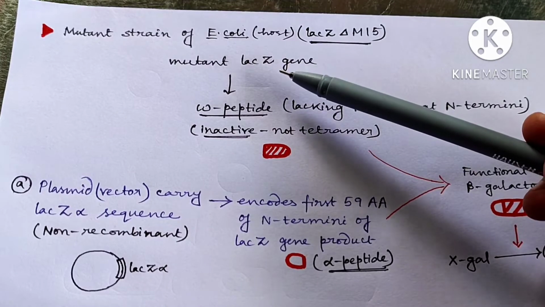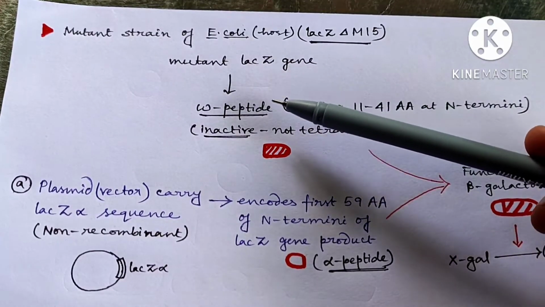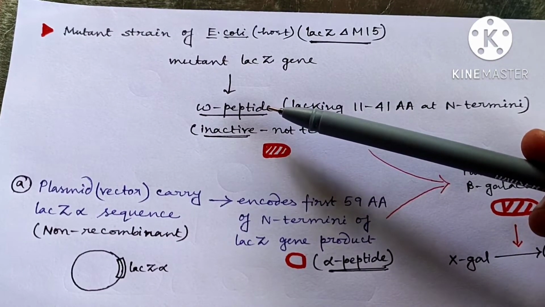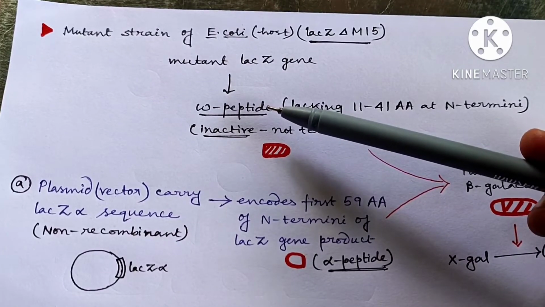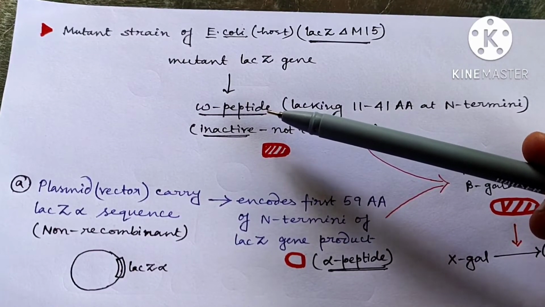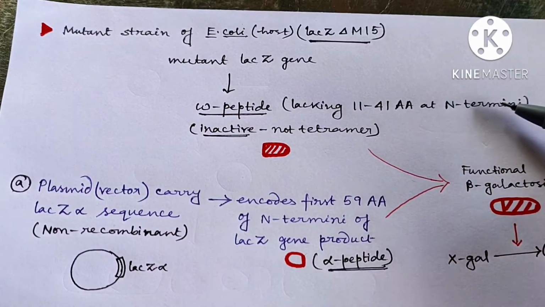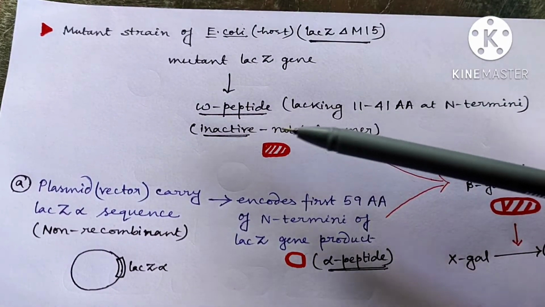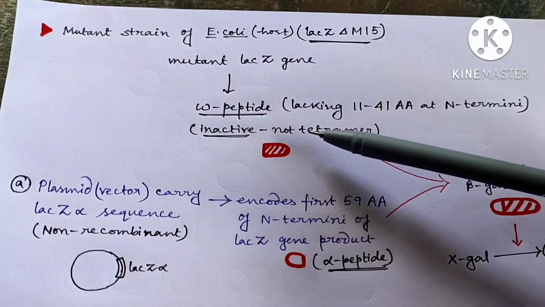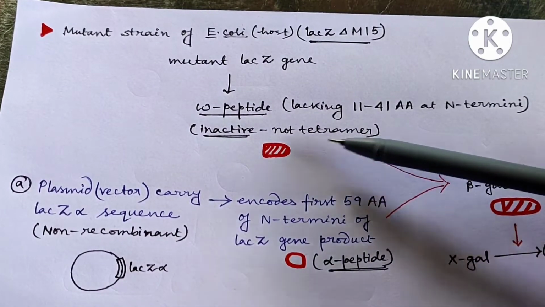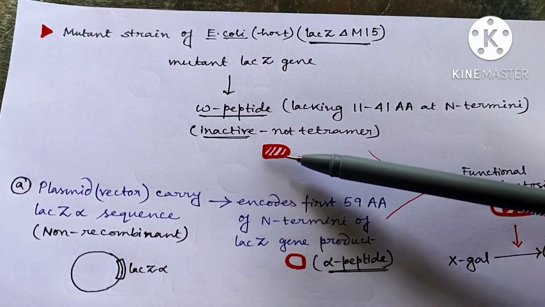This mutant LacZ gene will produce the omega peptide, not your beta-galactosidase enzyme. It will produce the omega peptide which lacks amino acids 11 to 41 at its N-terminal end. As a result, it is inactive and does not form the tetramer. It is a truncated kind of protein.